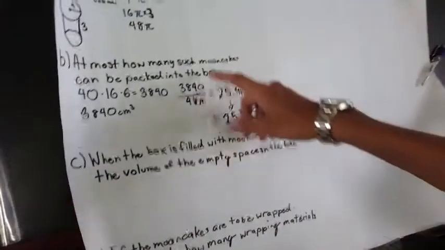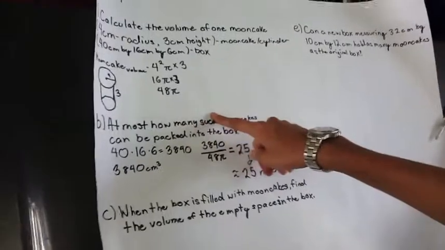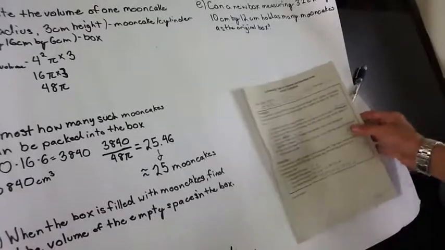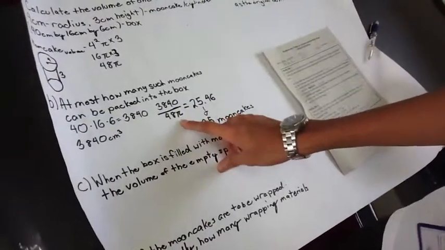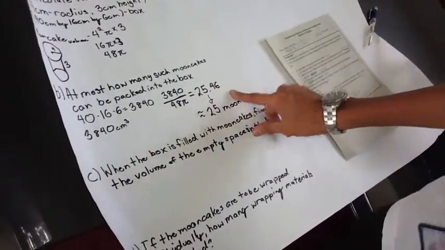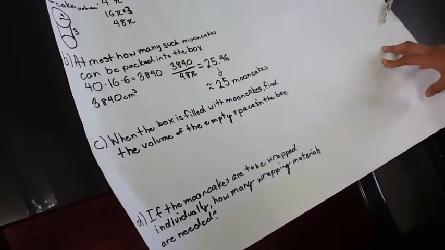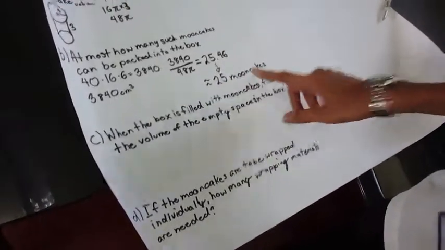Then, since the volume of the mooncake is 48 pi, we divide the volume of the rectangular box by the volume of the mooncake, so we know how many mooncakes can fit there. That equals 3,840 divided by 48 pi, which equals 35.46. Since there are no decimal points in mooncakes, we have to round down to the whole number. That equals 35 mooncakes.